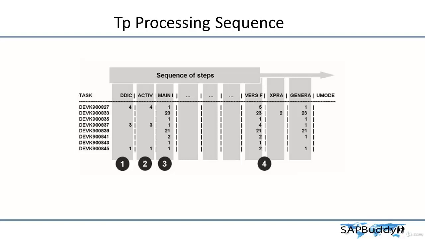That is the advantage of the entire mass import process. Only the correct version of the transport will be activated and generated in the productive system, provided you have the correction TRs in the proper sequence. So it's very important what sequence you are releasing the TRs.